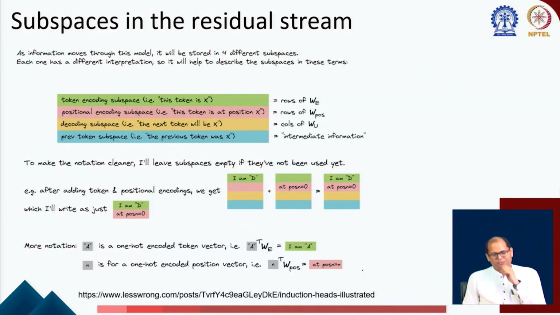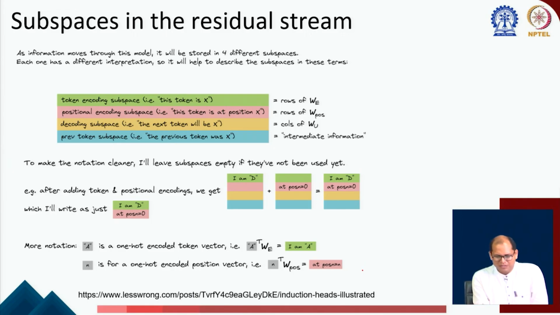Now, let us focus on some subspaces in this residual stream. We start a residual stream, we give the embedding, we give the positional embedding, then we keep adding more and more information, and of course, we will take a very simplified view here. The hypothesis is that there are 4 different subspaces, and each one has a different interpretation.